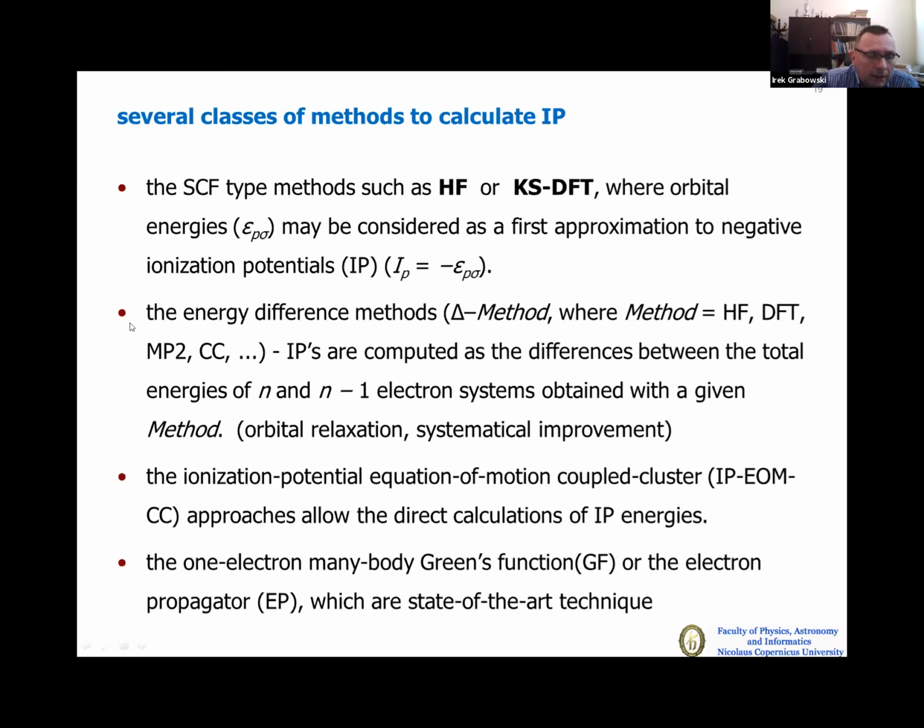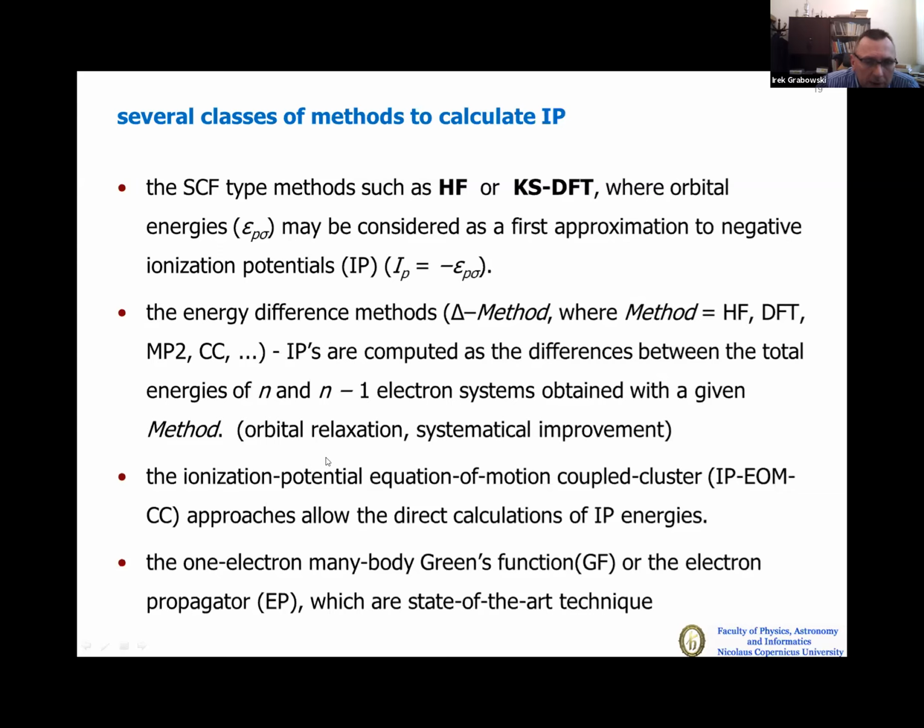The other is the very effective energy difference method. We call it delta MP2, delta DFT or delta CCSD. The ionization potentials are calculated as a difference between total energies of the N and N minus 1 electron systems obtained with a given method. It's a powerful method.